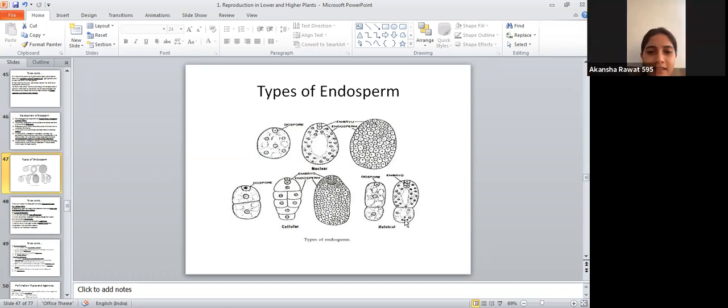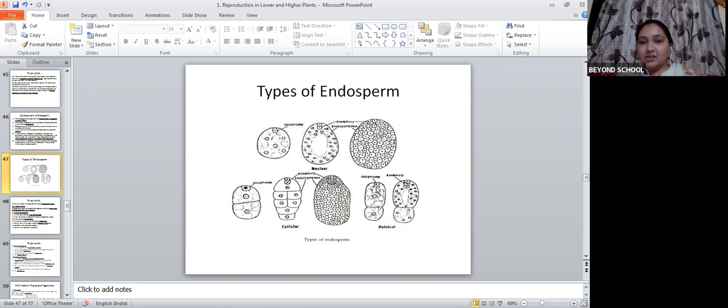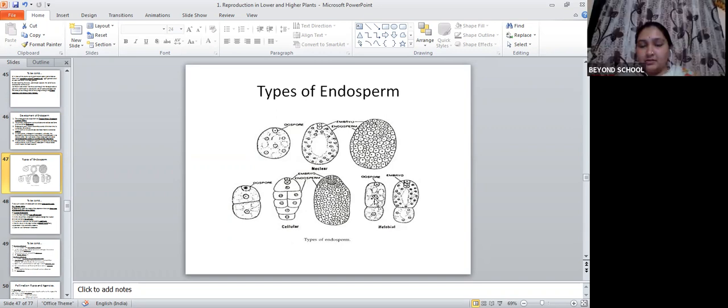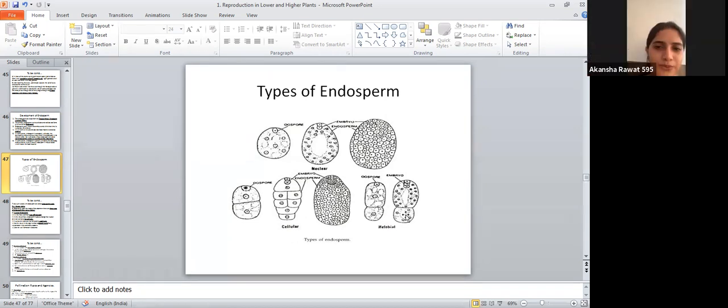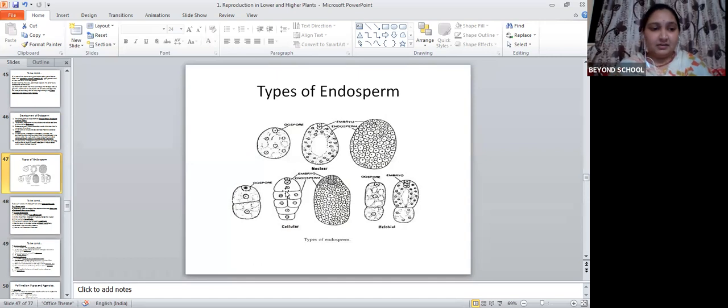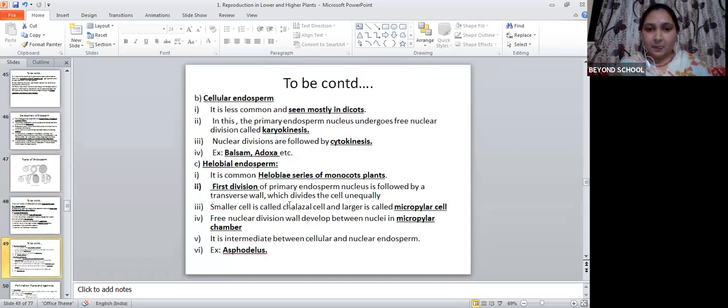In the same way, in this Helobial, we have an outer covering, right, dear? Now, how many is this? One, two. One, and this is two. Right? Now what my sentence says is that the first division is happening.